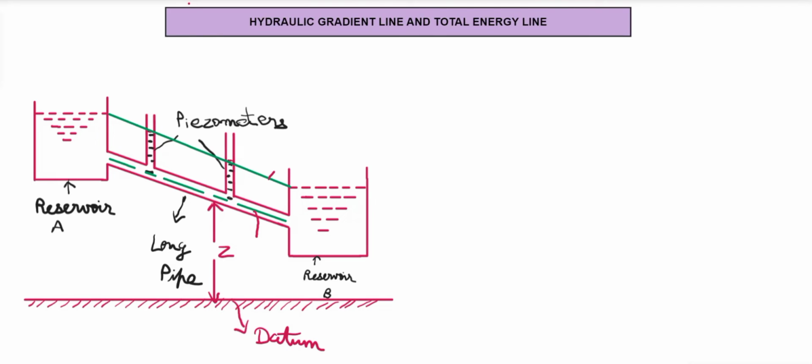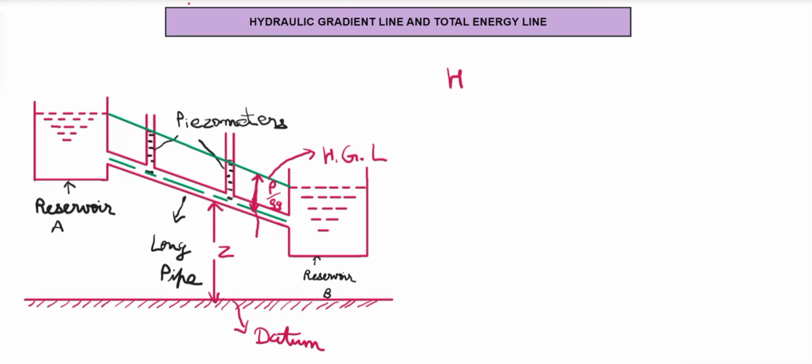We write it as HGL. Then one more thing we need to see is, what is my pressure head? For that, you can see the vertical distance between the center line of the pipe and the hydraulic gradient line, that is known as my pressure head, which is represented as P by rho g.